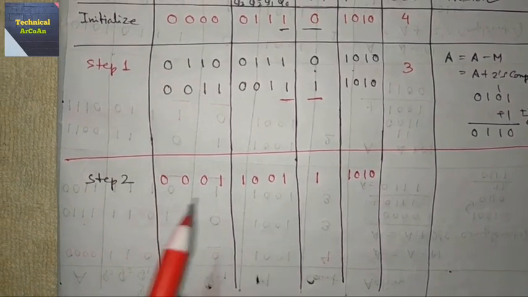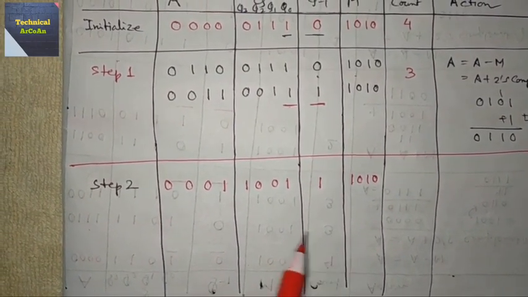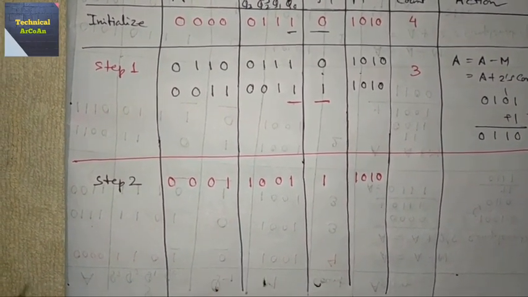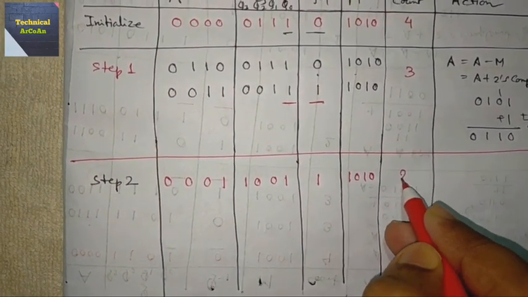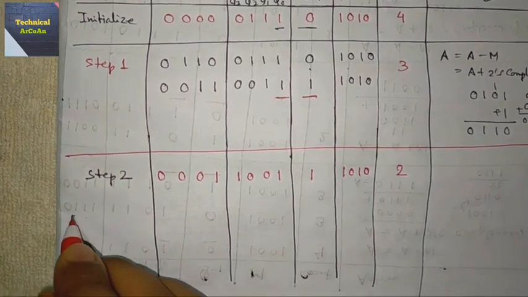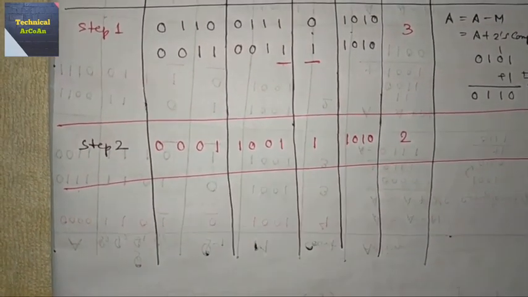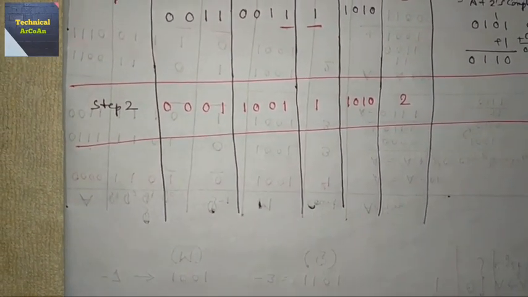We are just shifting towards the right, so that's why it says shift right. After that the count will be 2, which means it is also decreased. So we end our step 2. Now go for your step 3.